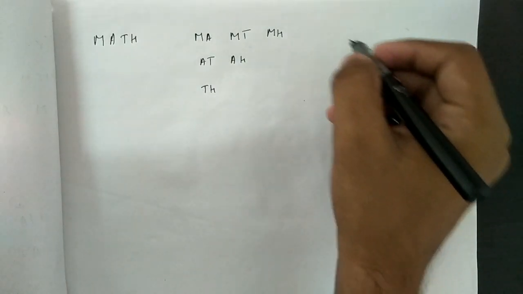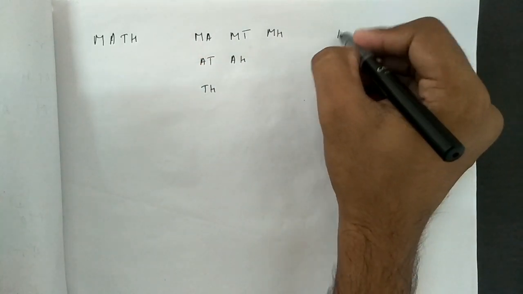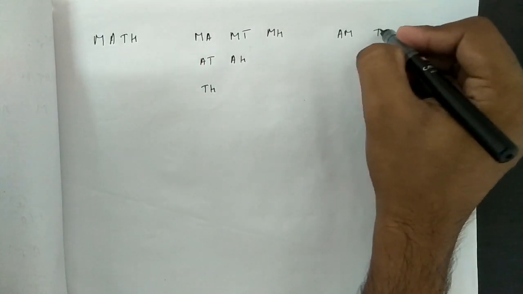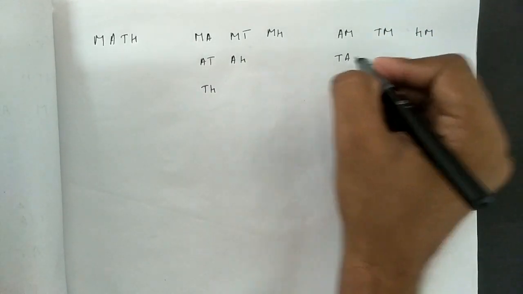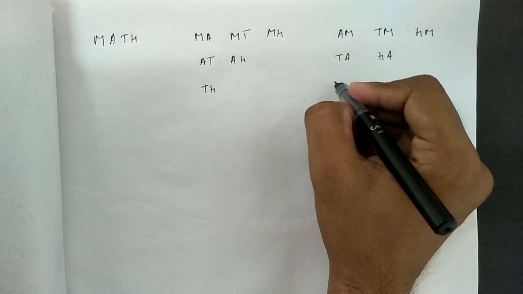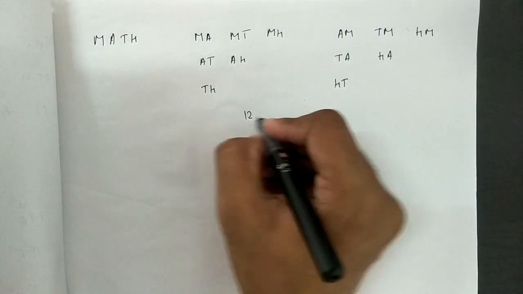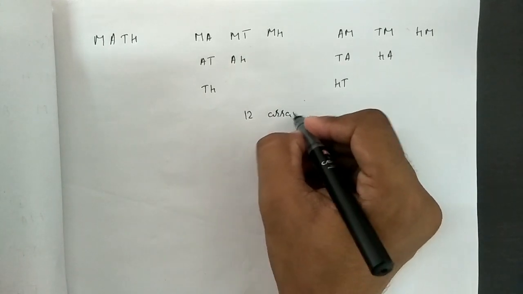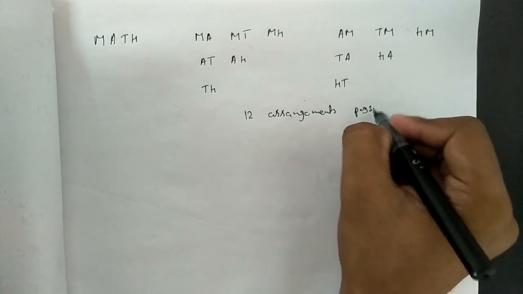And how can we arrange them? We can arrange them in reverse order like AM, TM, HM, TA, HA, HT. So there are 12 arrangements possible.